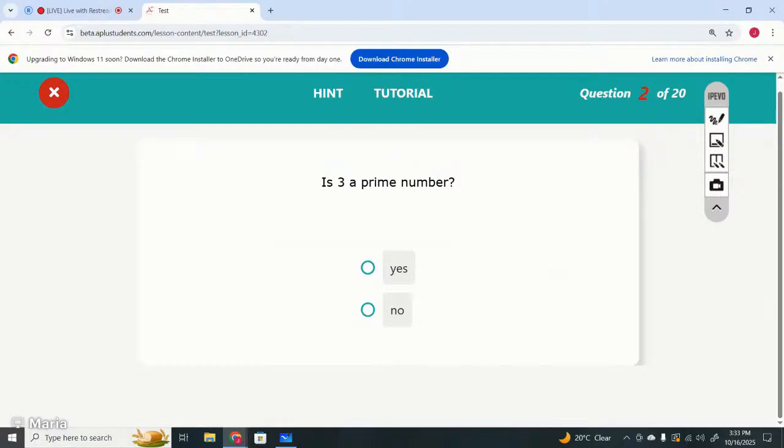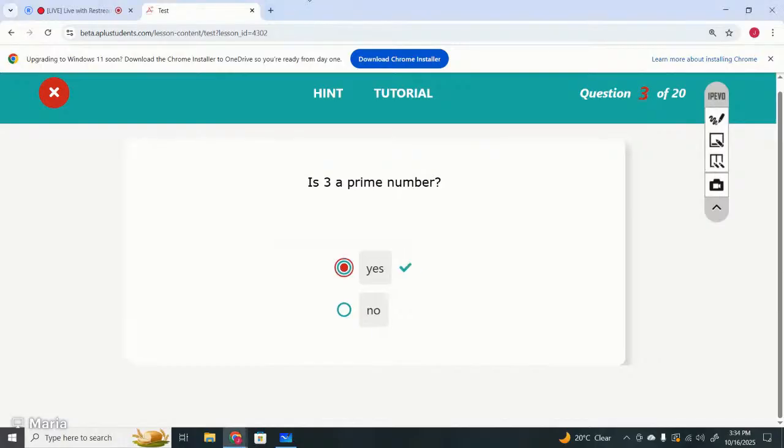Yes, it is, because 3 can be divided by 1 and the number itself. So yes, 3 is a prime number.